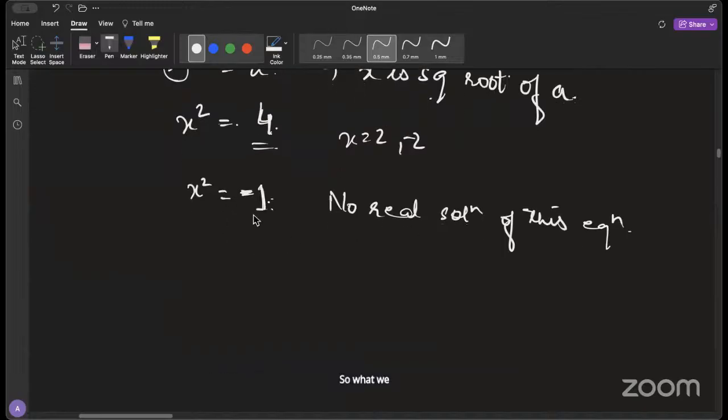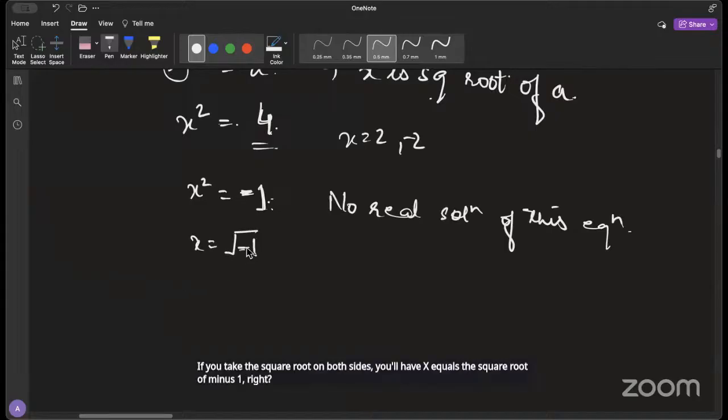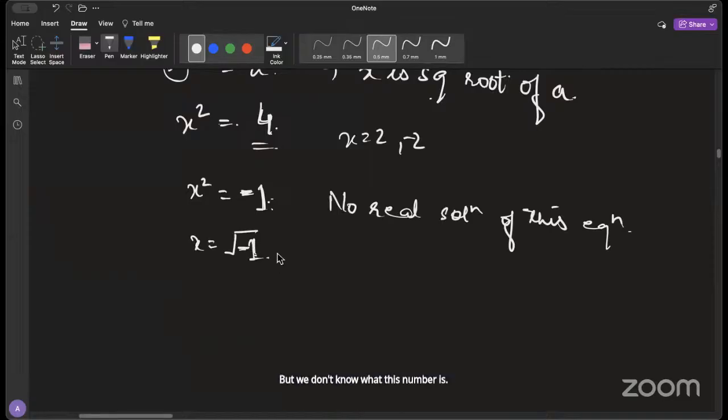So what we do, as notation, is take the square root on both sides, and you'll have x equals square root of minus 1. But we don't know what this number is. So what we do instead is we take this to be iota. To be precise, you'll have plus minus here.